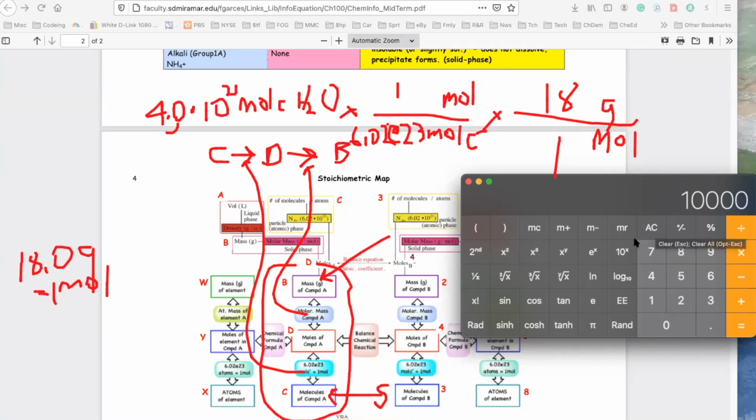It takes a number and makes it an exponent. So that would be, let's clear this, 6.02 exponent 23. If I need to put a negative in front of that, there's a sign change key. Okay, that's important because if you don't do that and you use this instead, most likely you're going to be off by a factor of 10.